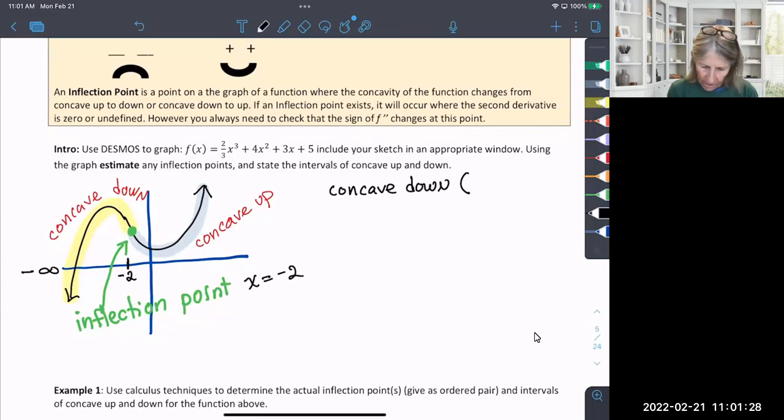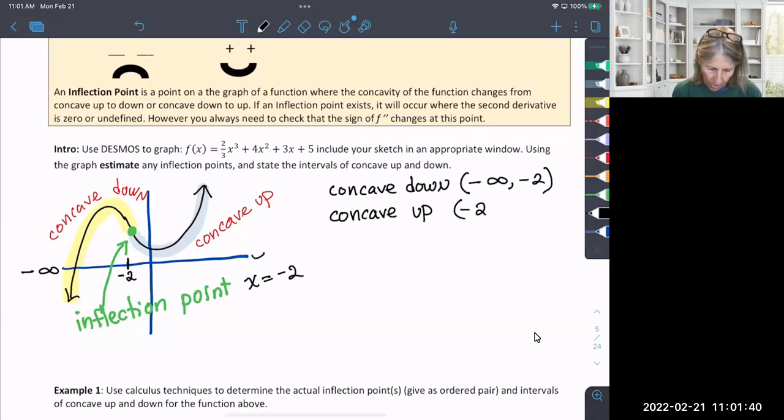So I would say on the interval from -infinity to -2. And then I would say that this thing is concave up on the interval from -2 off to the x value of infinity. That would be my concave up and down estimates. Again, right now it's an estimate, but I'll actually show you next how we find that.